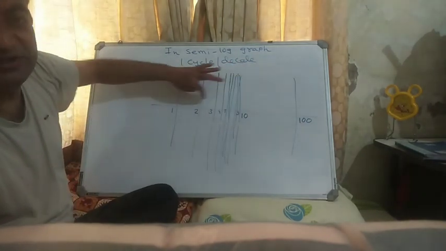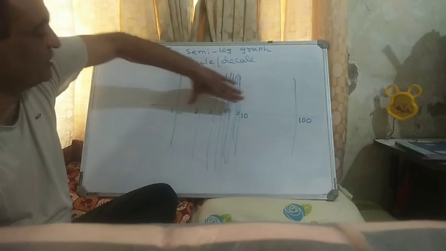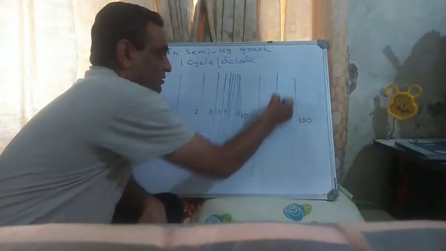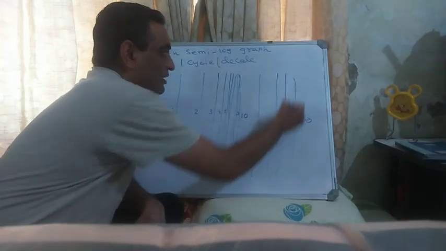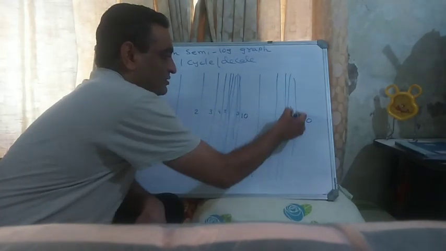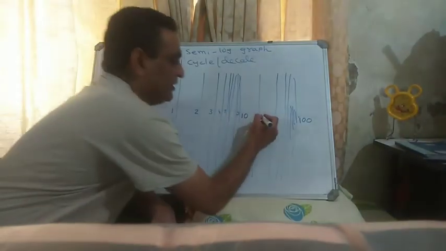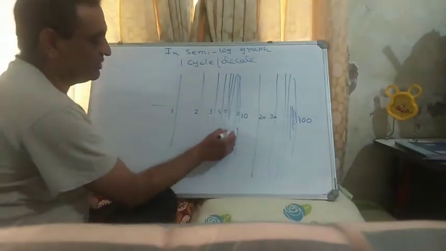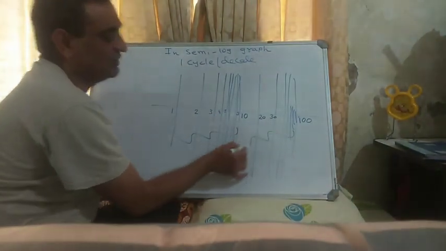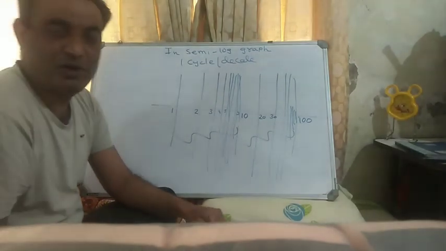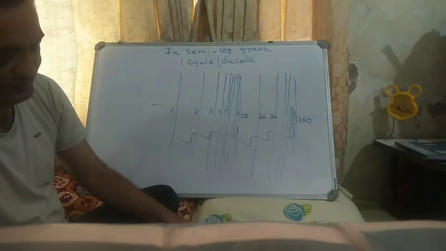This is not linearly distributed. This is how the scale is distributed, 1 to 10, then 20, 30, 40, up to 100. This is one cycle or one decade, and this is another decade. This is how semi-log graph paper looks.